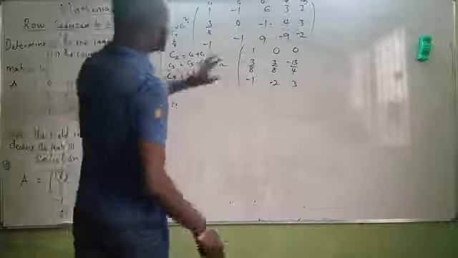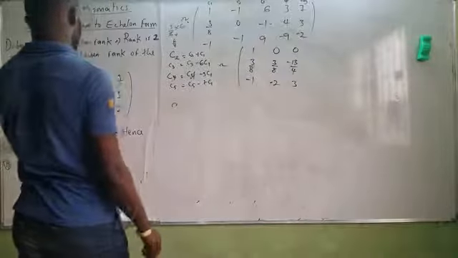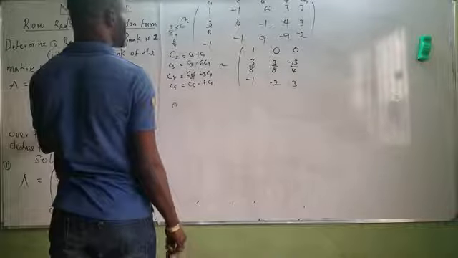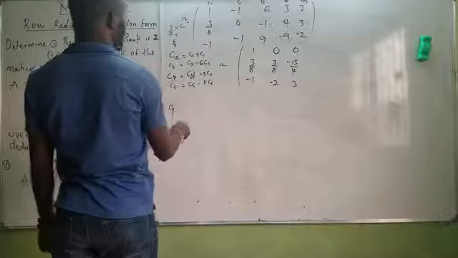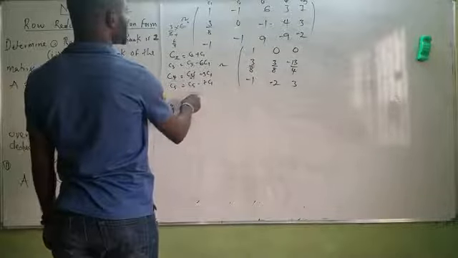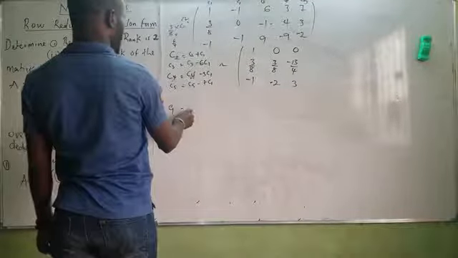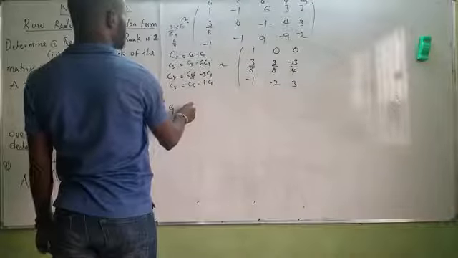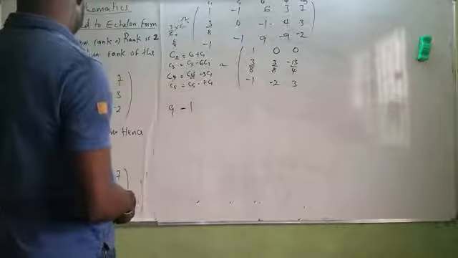Let me say again. I'm talking about row 3, which is 9. I'm talking about 9 minus 1. Yes, am I saying the right thing?